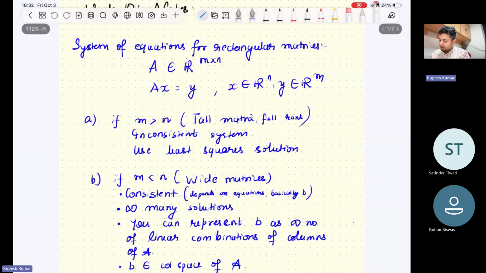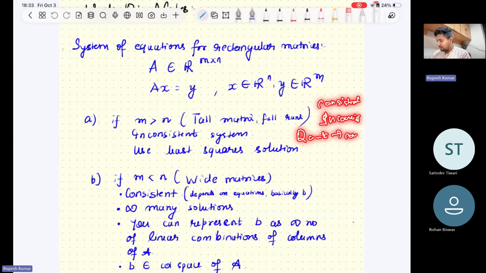So what can you infer from this information for these kinds of systems? The first case is if m is greater than n, which means the matrix is taller, which means more equations than variables. This is a tall matrix. Then you can have either a consistent or inconsistent system, depending on the rank. If it is rank deficient, you may get a consistent system.